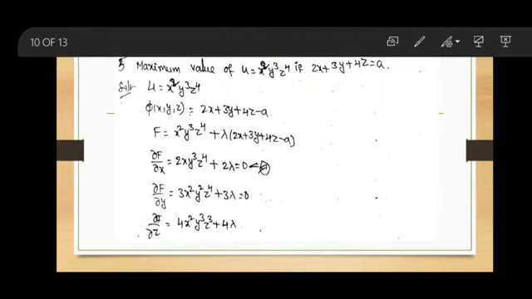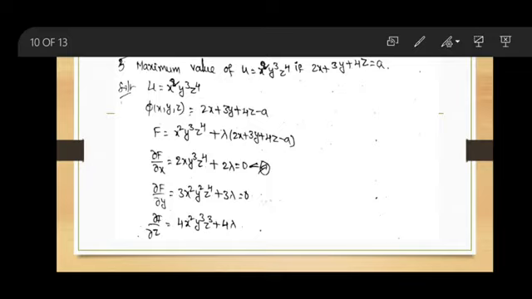Now we see one more example, that is, find the maximum value of u is equal to x square y cube z power 4 if 2x plus 3y plus 4z is equal to a. It is similar to the first problem. Here we know the condition is one.